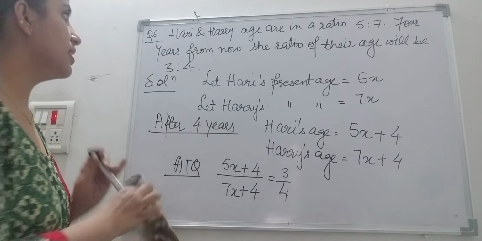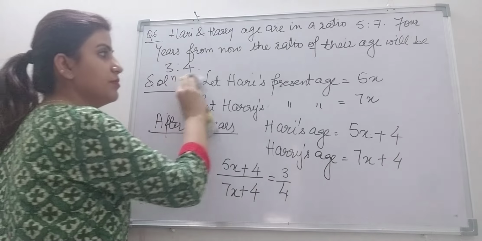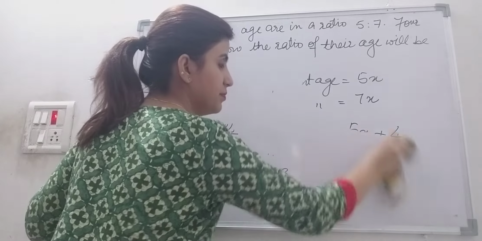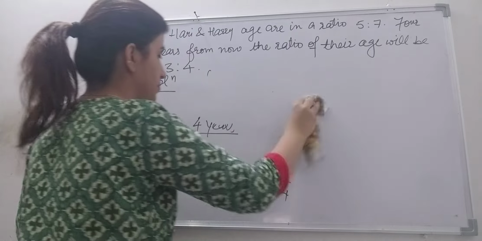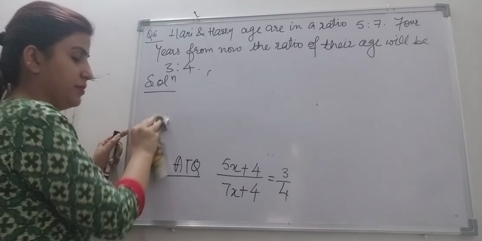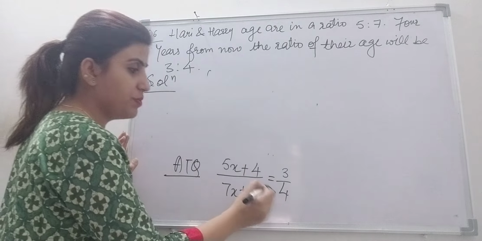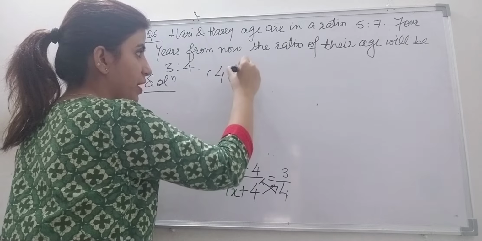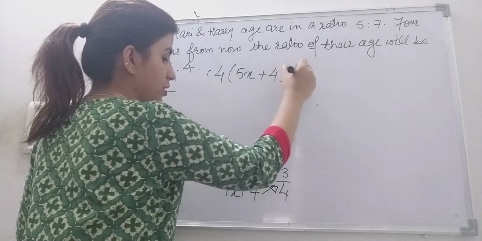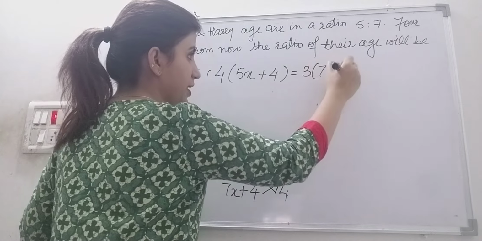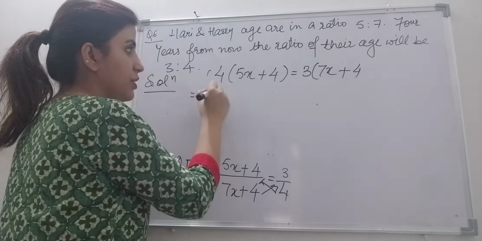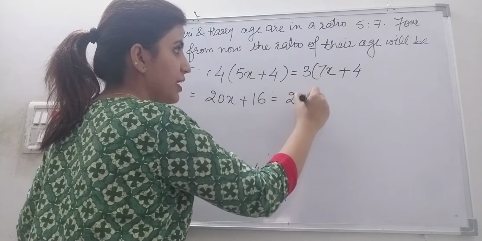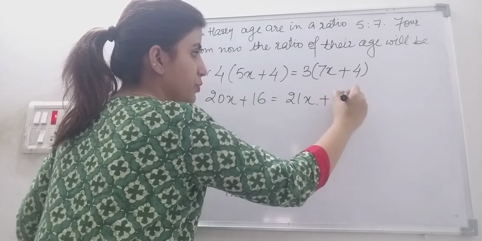Okay, I am erasing the top part. Let me solve it. Now we have to cross multiply the denominators. 4 times (5x plus 4) equals 3 times (7x plus 4). 20x plus 16 equals 21x plus 12.